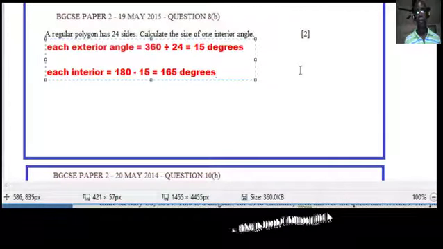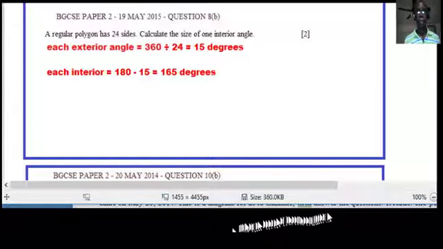This gives us 165 degrees for the size of each interior angle.